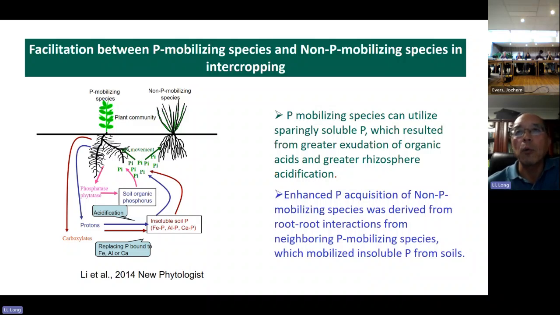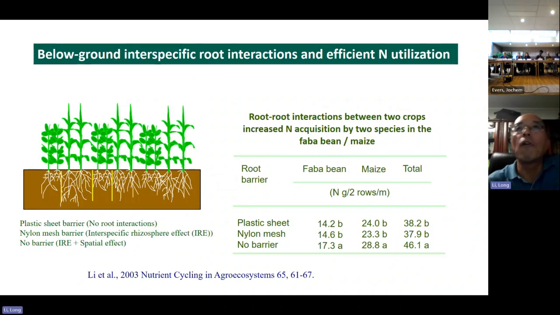Enhanced phosphorus acquisition of non-phosphorus-mobilizing species was derived from root-root interaction with neighboring phosphorus-mobilizing species, which mobilize the insoluble phosphorus from soils. So that's for phosphorus.